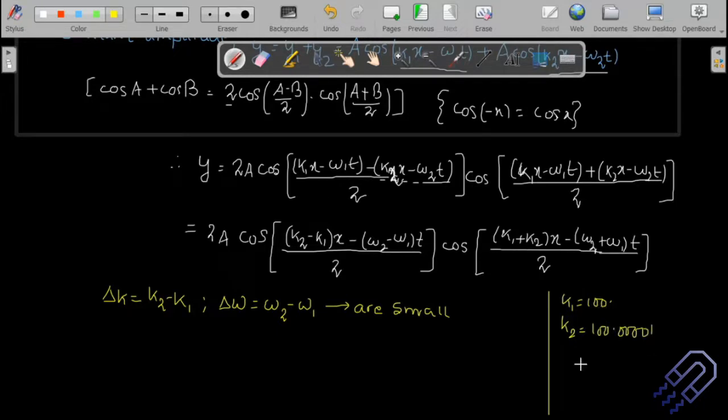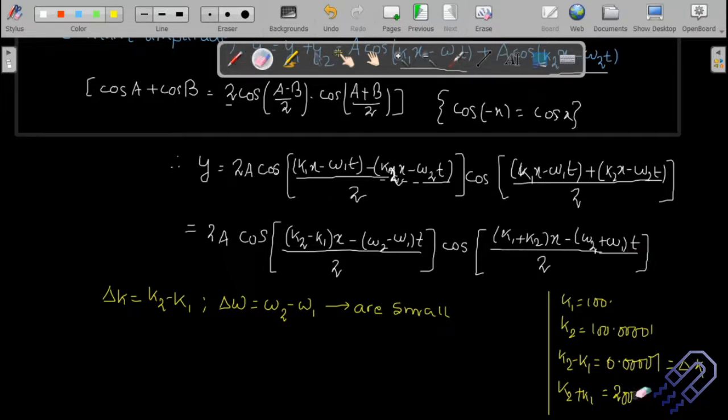So these two are very close to each other. If I take k2 minus k1, this is going to be 0.12341. Very small, right? So this is delta k. But if I take k2 plus k1, this is definitely large, right? It is 100 plus 100, so it is 200.